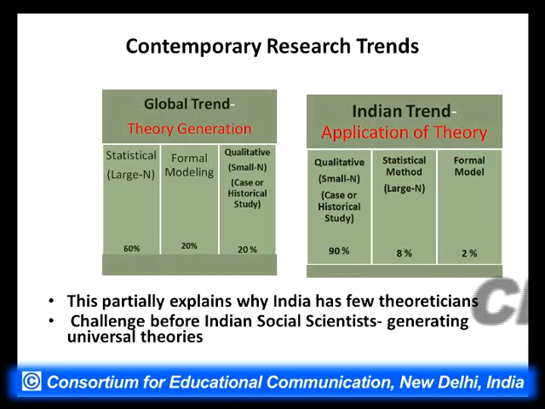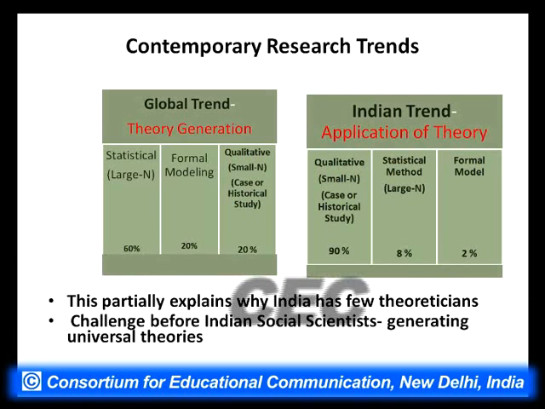And then if I come to the Indian trend, the trend is to apply theory, whether this is Marxism, whether this is liberalism or any other theories. So theories are developed in a different context and they are being applied in the case of India. So that is the Indian trend. The Indian trend is the application of theory, and here you will find that most of the studies in India are qualitative, and by and large they are case study and historical studies, and they constitute nearly 90% of all the research that you have.